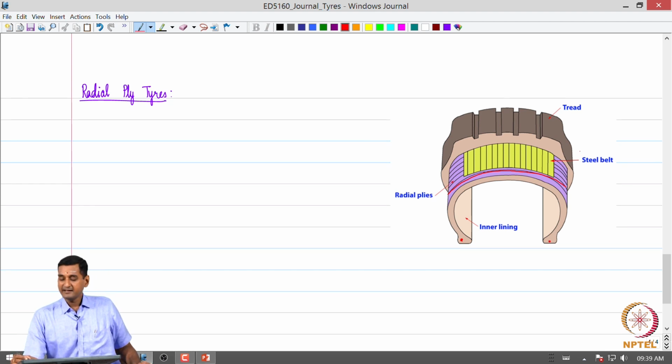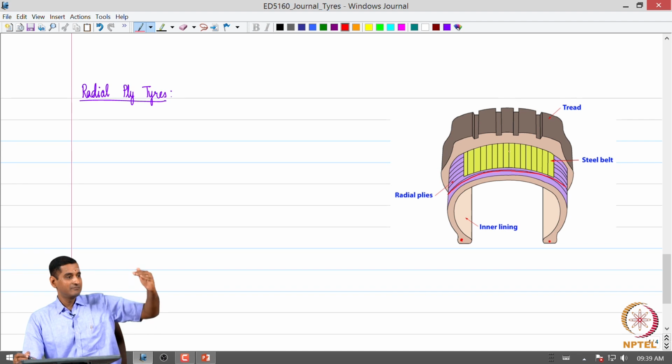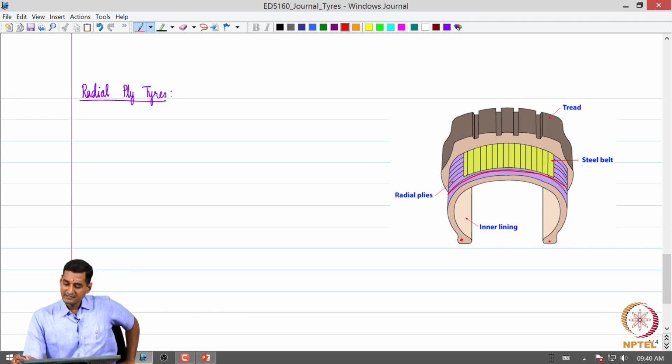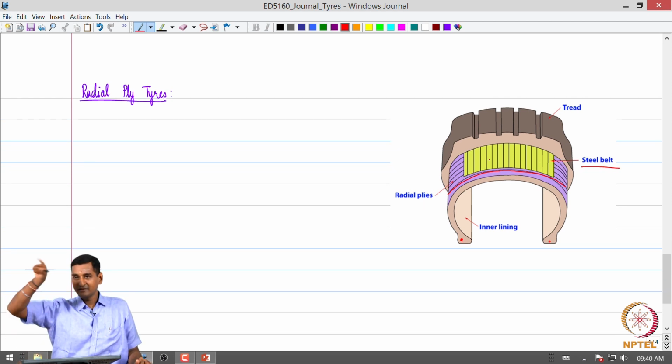And typically in radial tires we have belts present below the tread to provide stiffness, particularly along the circumferential direction, because the cords or fibers in the radial tire go along the radial direction.